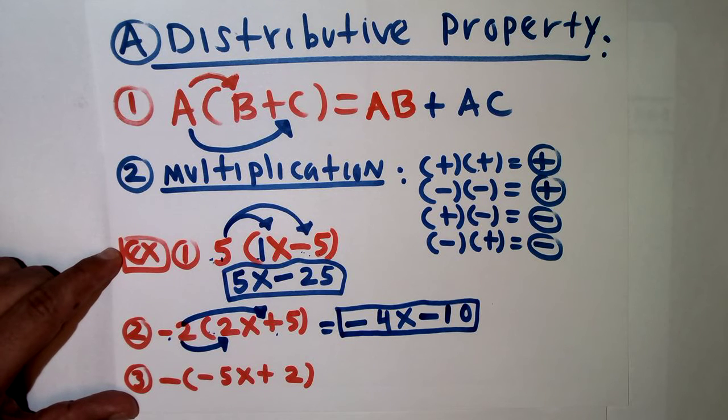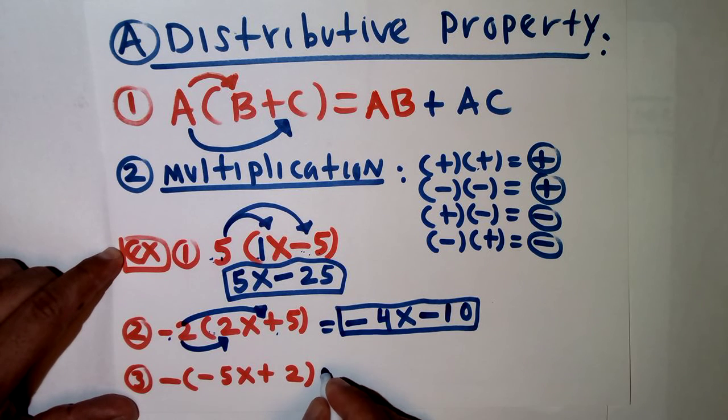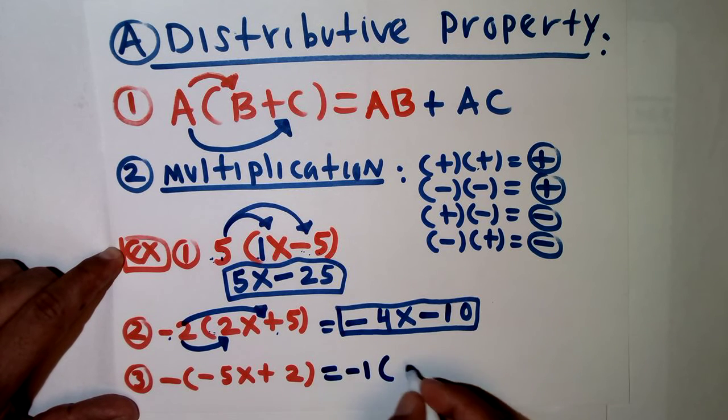Now the last case that I'm going to explain. For some reason, students get confused when they don't see a number outside. But I already explained earlier, when there is no number, you automatically put a 1. So clearly, this is telling you that outside you have a negative 1.